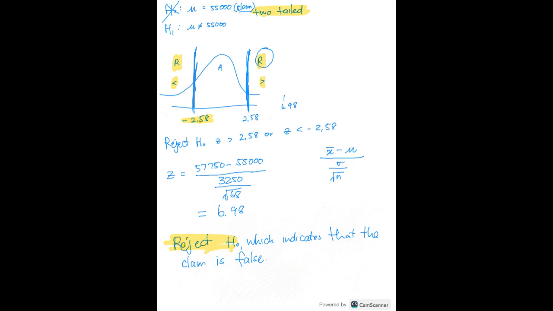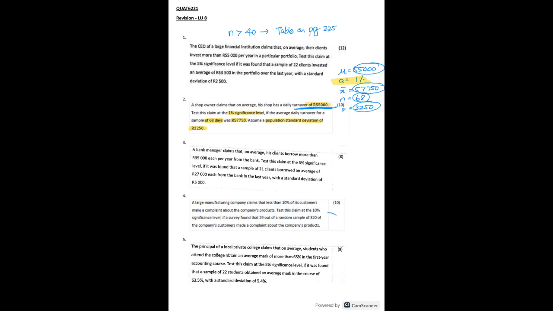Okay, so that's the next one. And then the last one is number 4 here. So this says to you that a large manufacturing company claims that less than 10% of its customers make a complaint about the company's products. Now, the moment you see that percentage, they didn't mention the word average, they just showed you a percentage.